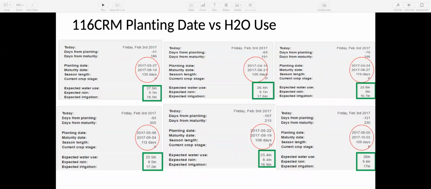Looking at planting data as it affects water use. We ran some scenarios here looking at a late March planting all the way up to June planting, and really at each date that we moved further into the season, we're actually reducing the amount of water that plant needs, and it's really a function of temperature.